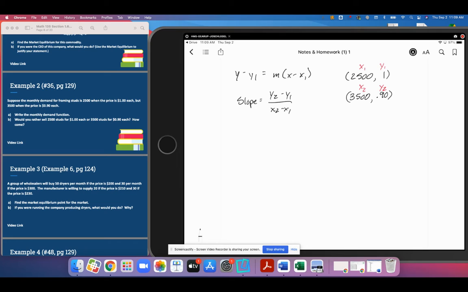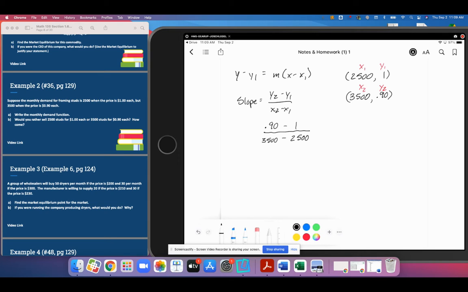And with that, we do have our y2 is going to be 0.90, our y1 is 1, and our x2 is 3,500, and our x1 is 2,500.